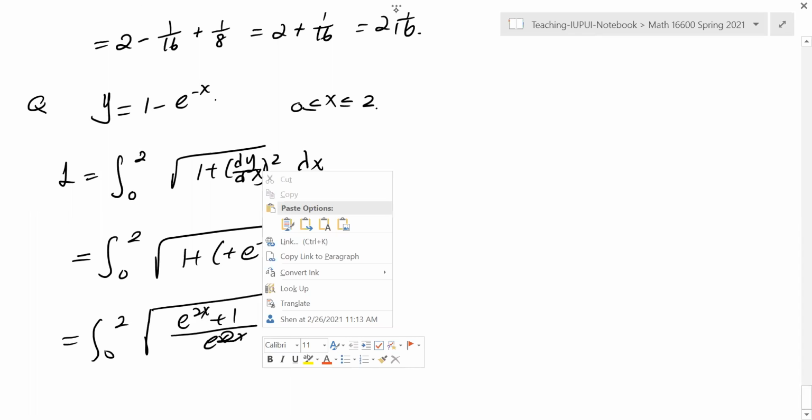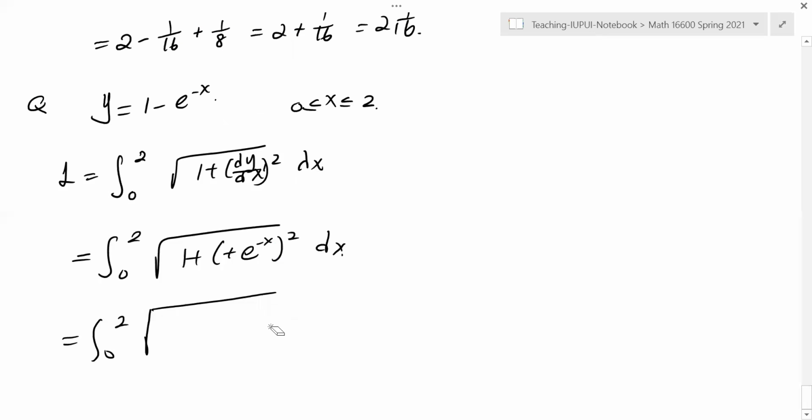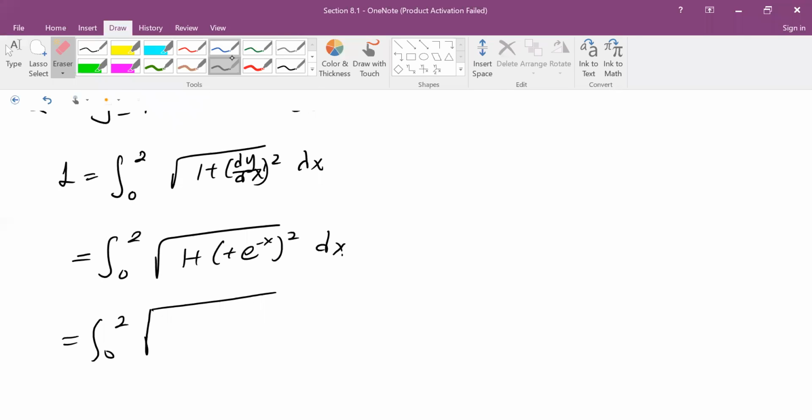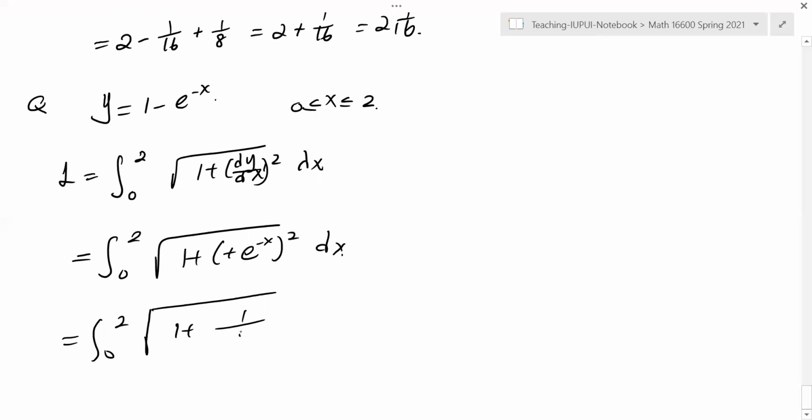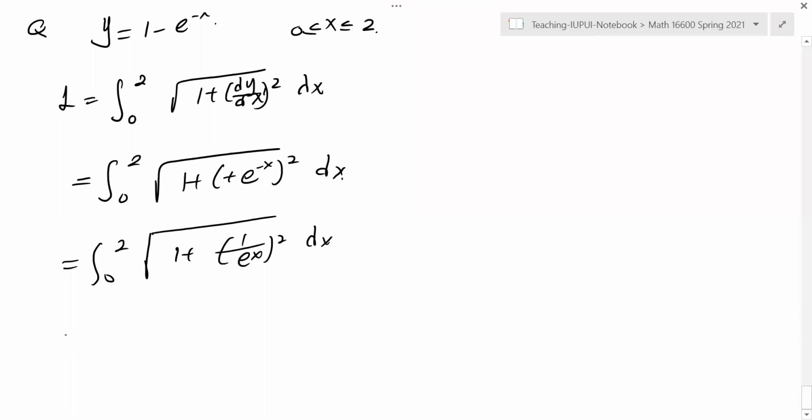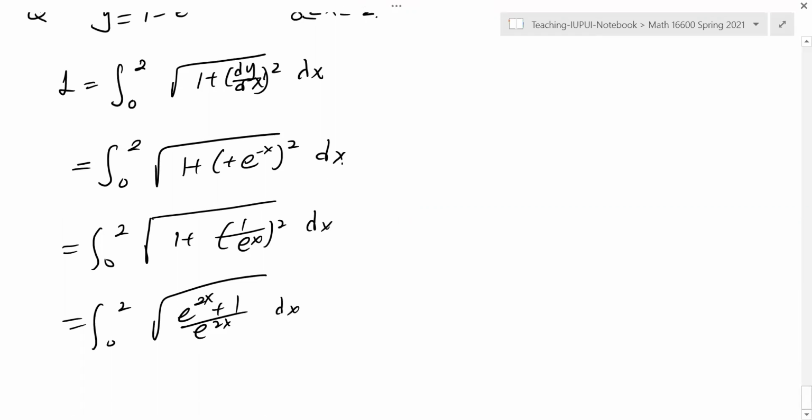So combine them into, yeah, let me redo it. Okay, it's 1 plus e to the x squared, right? I tried, I hope I can get a square, but it's impossible. So what I get is e to the x plus 1 over e to the 2x. I can only take the denominator out.